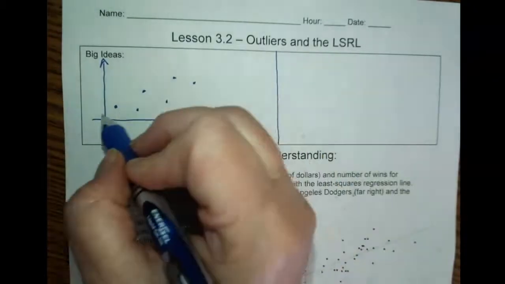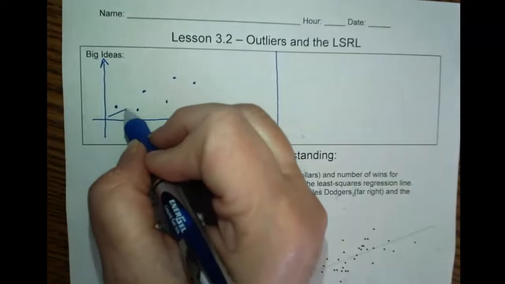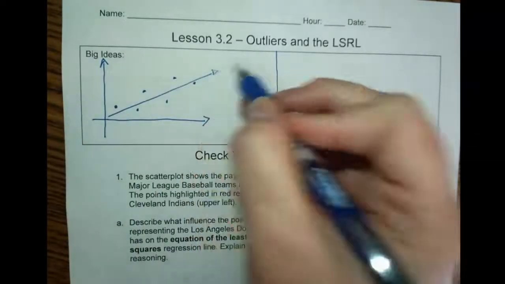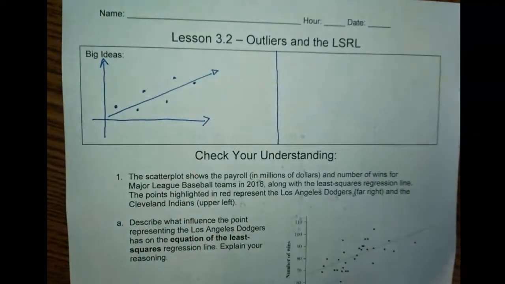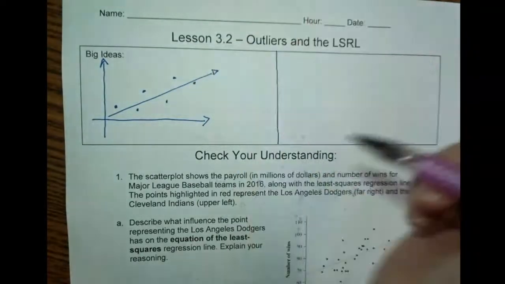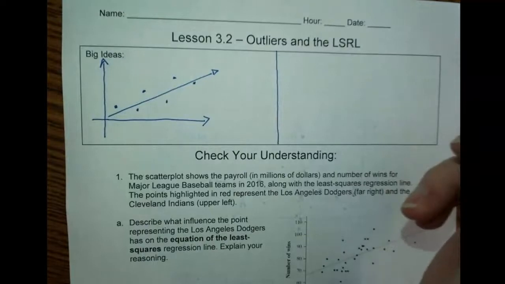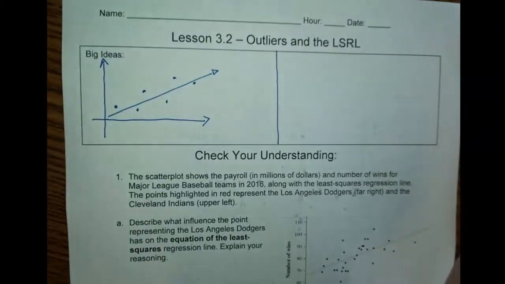Your least square regression line, as your calculator would calculate it, will give you the very best one. It should go right through the middle of it. Remember I told you the least square regression line always goes through the point x bar, y bar, the mean.